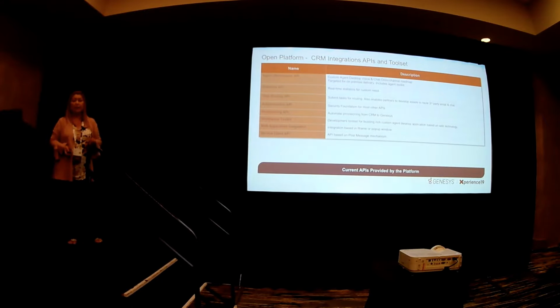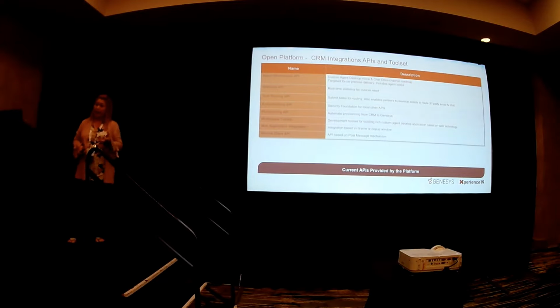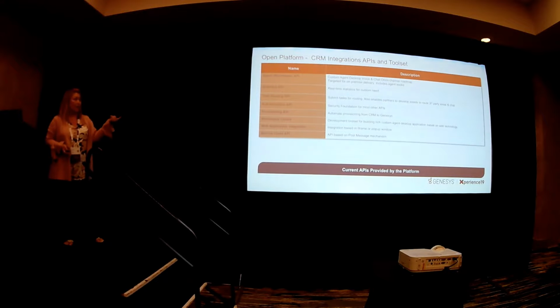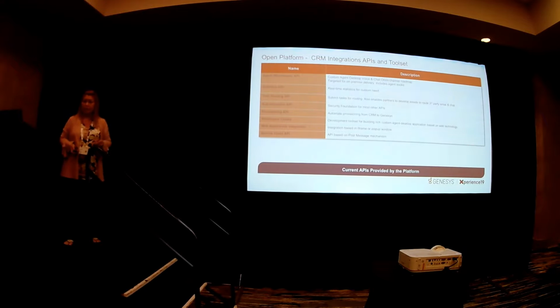Provisioning API is basically the low-level API that will allow you to create user records. It will allow you to create a sync from your HR application directly into Genesis. Of course, you've heard about our Workspace Toolkit, which Stefan just went over a little bit ago.